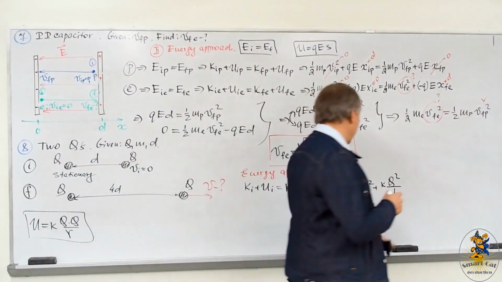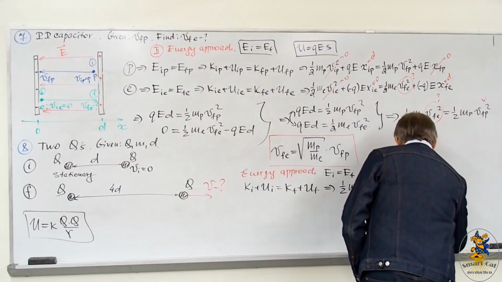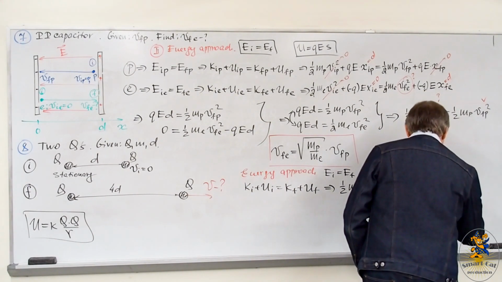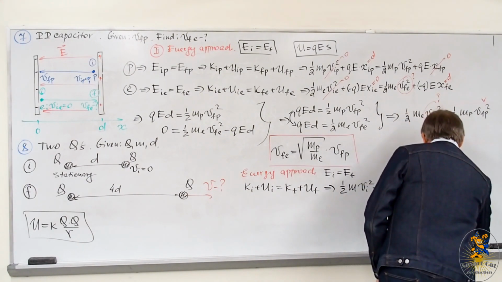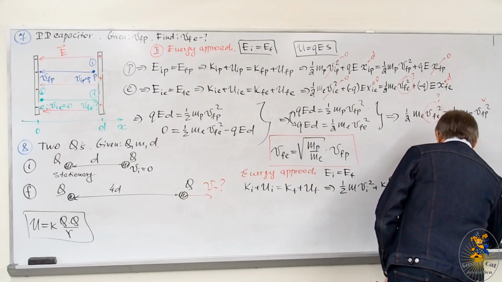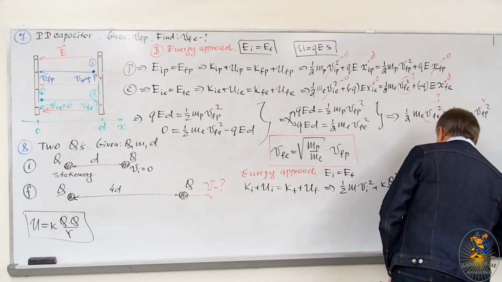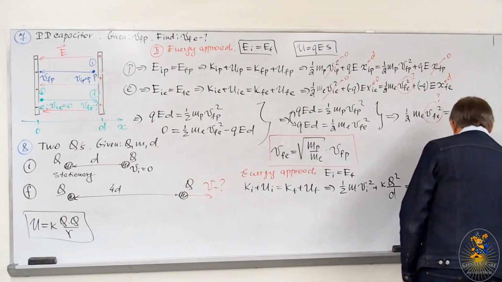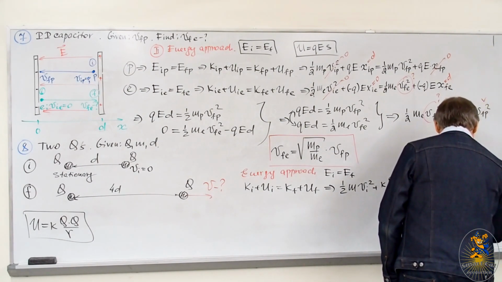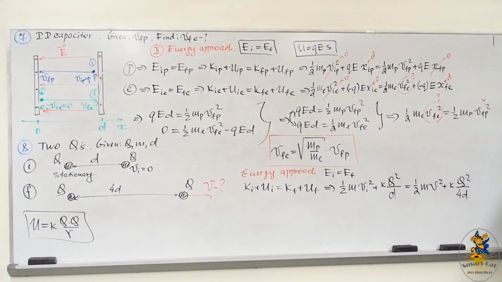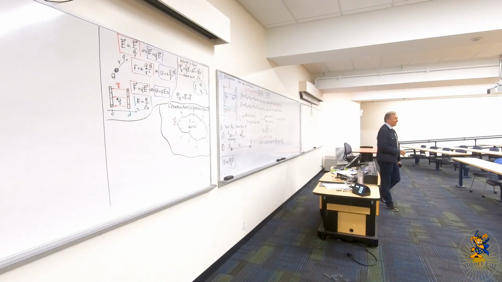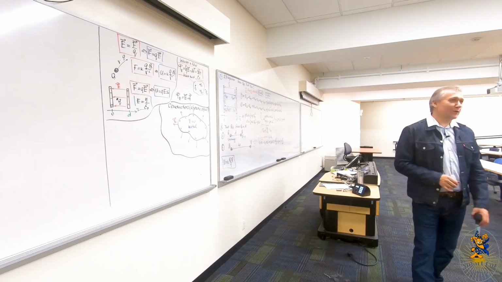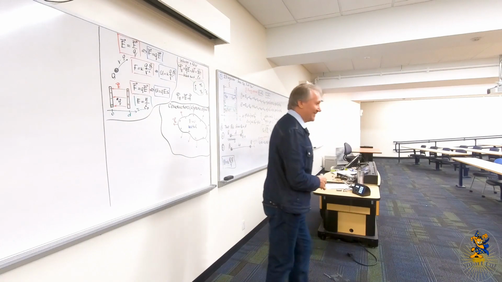So in this case, then it equals 1 over 2 m v final, okay, final without subscript, squared plus k Q squared over 4d to the power of, wait, you didn't see this. Come on, we use Coulomb's law too much, right? So it's a force of habit sometimes, hands writing something without communicating with your brain.